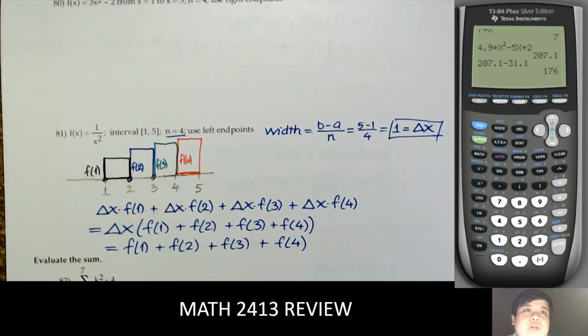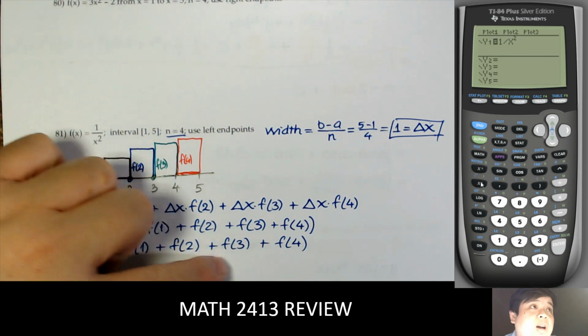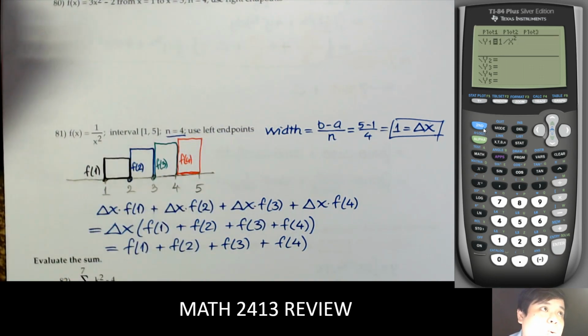If we use the calculator, it will help. First we enter the function 1 over x squared, and now we just find the function values at these points.